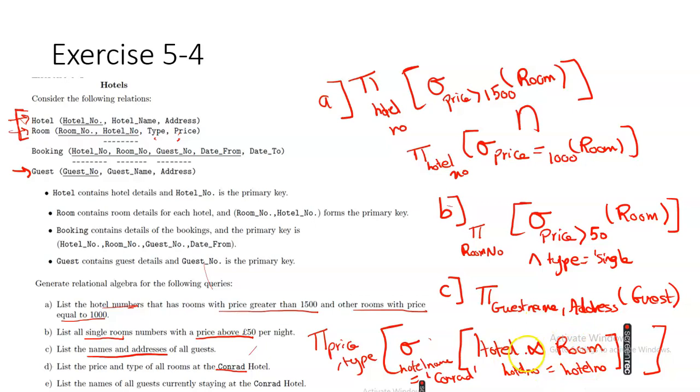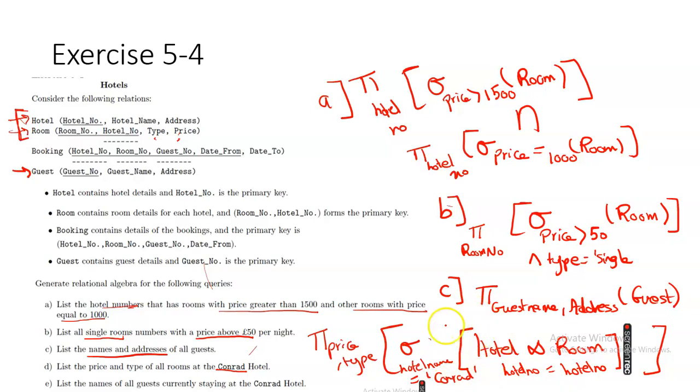We want after the product to get the rows where the hotel number in hotel is equal to the hotel number in room. And since the question stated that we want to get the price and the type of a certain hotel called Conrad, we selected from this output the rows which have the hotel name Conrad only.